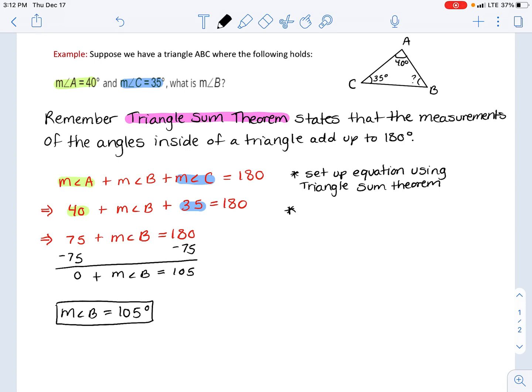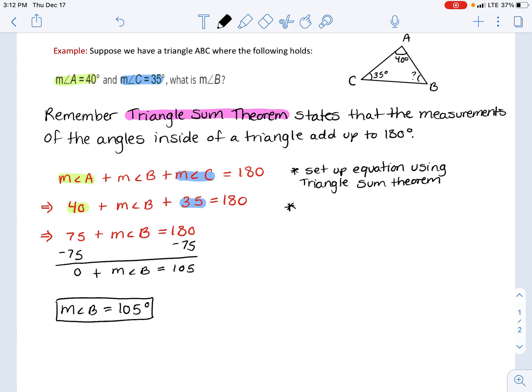And then from there, what I did is I plugged in, substituted values into the equation. And then in the next steps, I just solved for your unknown. So in my case, my unknown was the measurement of angle B. All right, so those are the steps in figuring out these types of problems.